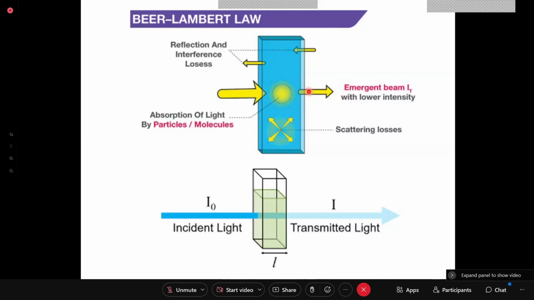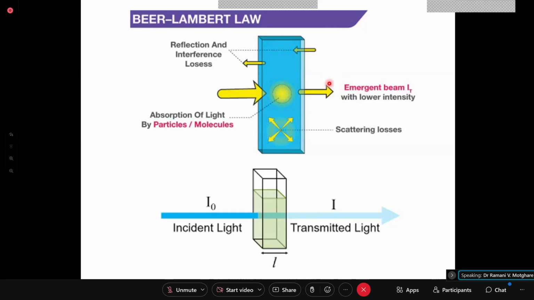When a beam of monochromatic light is incident on a colored solution, there can be scattering, absorption, reflection, and transmittance. The transmitted light is the one which we are able to measure.